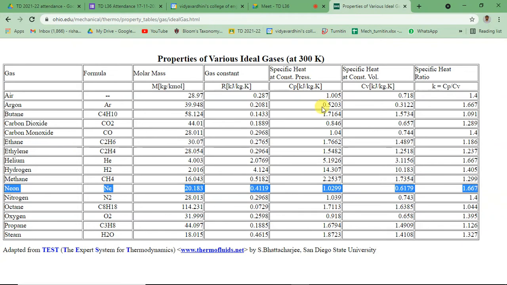But if you consider the Cp value, you can see Cp is different for argon, for helium, and for neon also. Same way Cv value will be different, but the ratio of Cp by Cv will remain the same, that is 1.667 for monoatomic gases. Okay, so these are the basic things related to the properties.